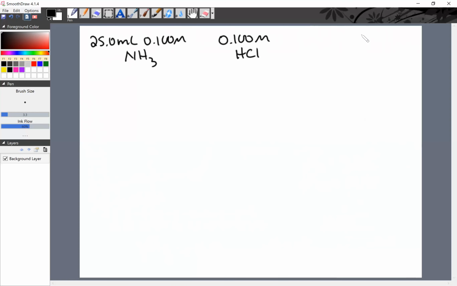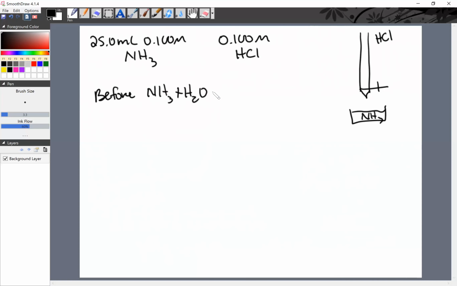So this time, my HCl is in my burette, and my ammonia is in my beaker. Okay. All right. What 3 equations will I be using? Well, before the titration begins, it's just ammonia, which will react with water to make ammonium plus hydroxide.